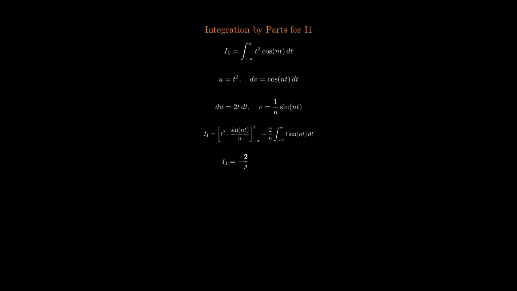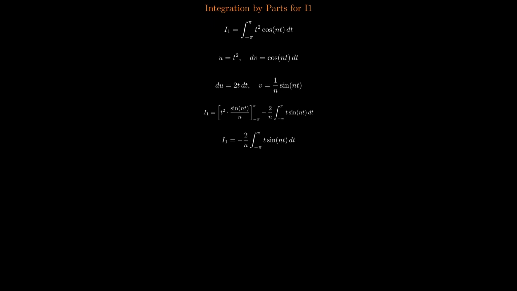We now need another integration by parts on this new integral. Call this new integral J again. Apply LIATE. Algebraic t comes before sine. u equals t, dv equals sine nt dt. Then du is dt, and v is minus 1 over n cosine nt.